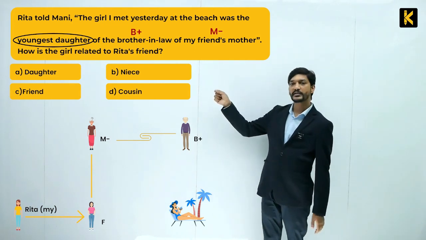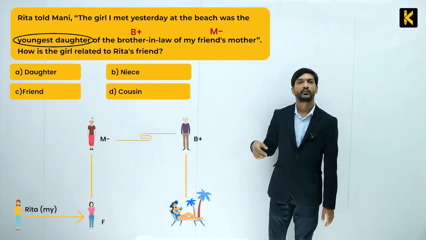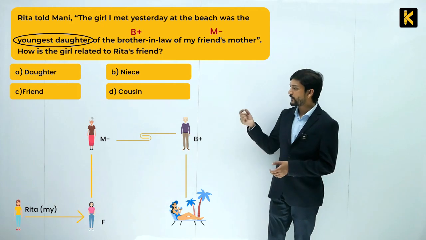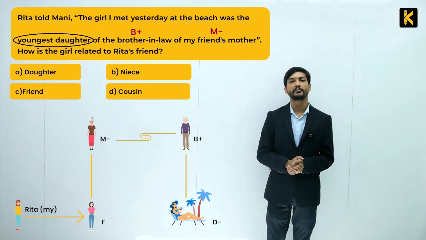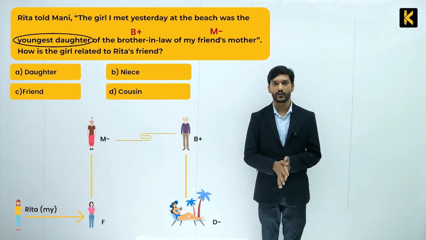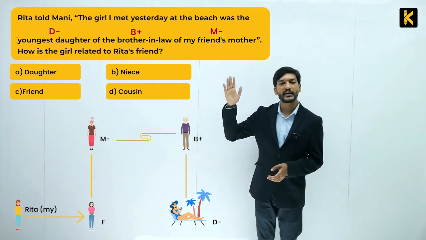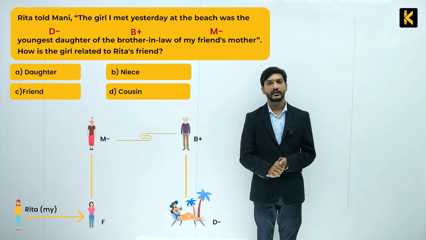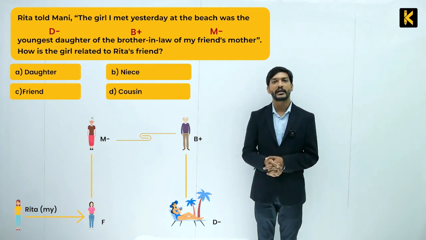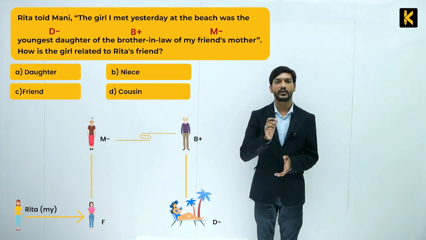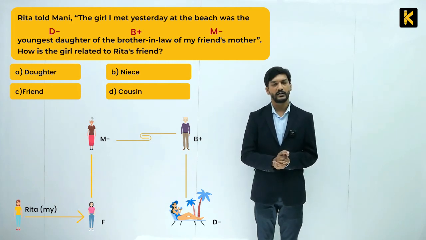So I will represent with a single line one more person as a female person with D minus. Okay, all right. And let me show it in the statement as well, that D minus is the letter used to show youngest daughter.